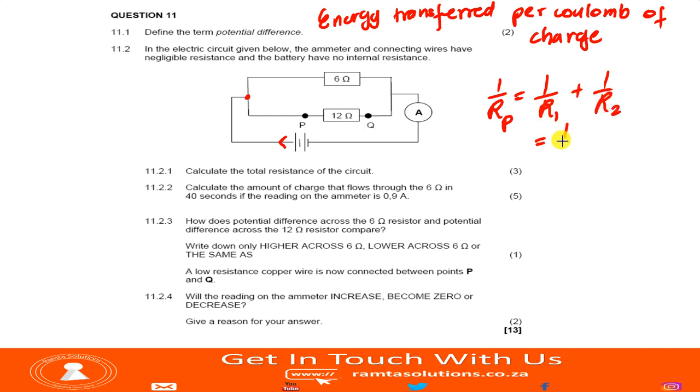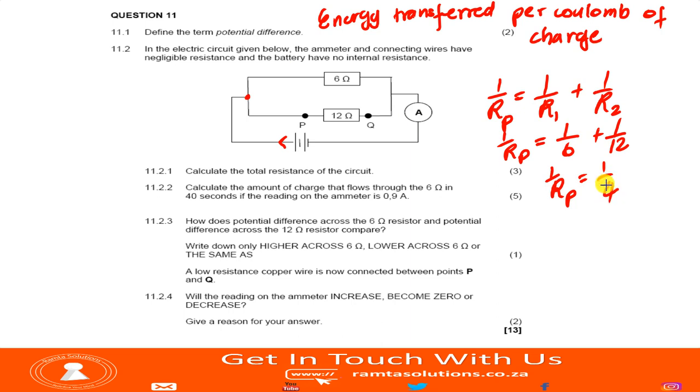This is 1 over 6 plus 1 over 12. 2 plus 1 is 3, 3 over 12, which is 1 over 4.